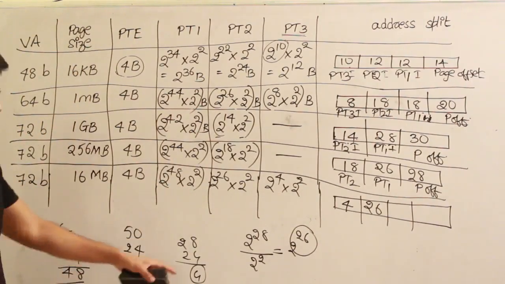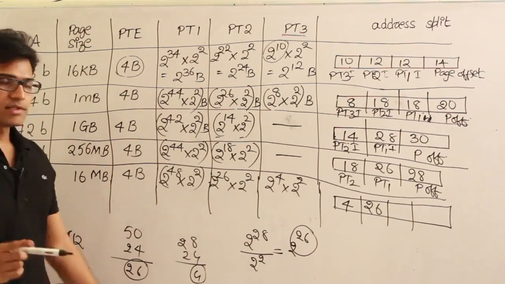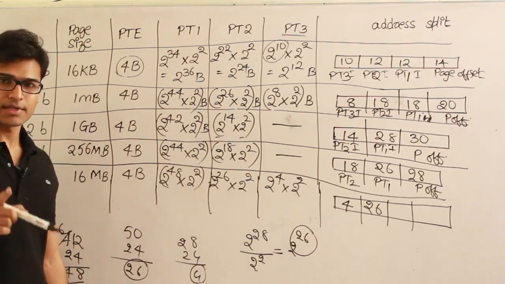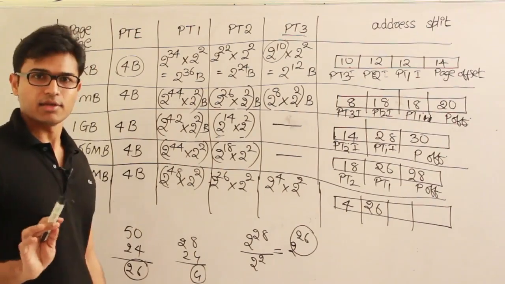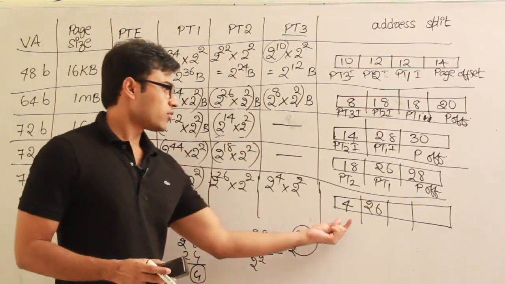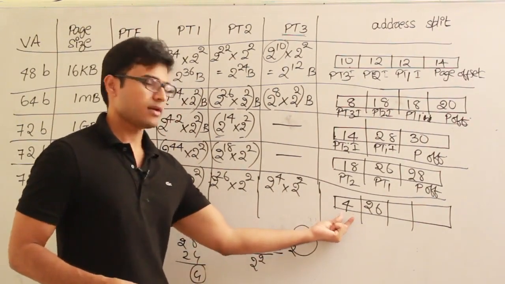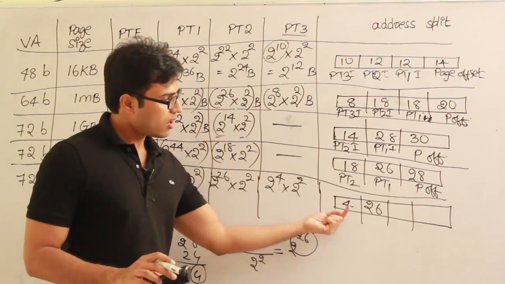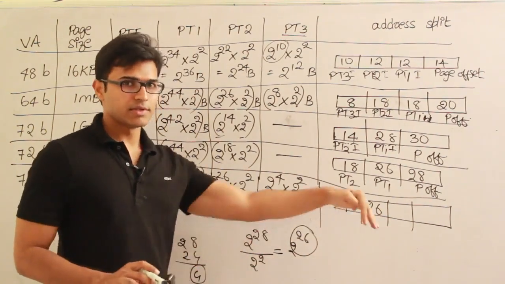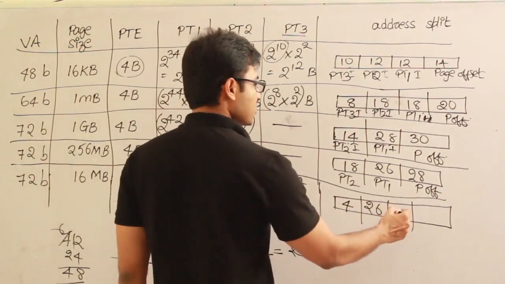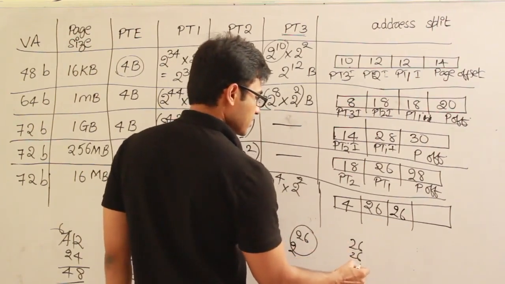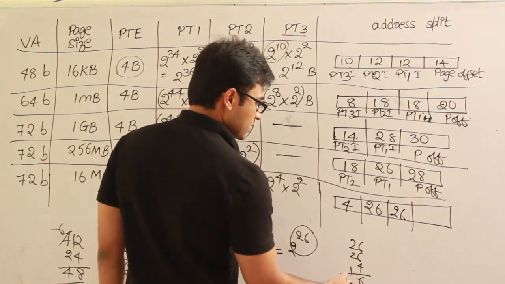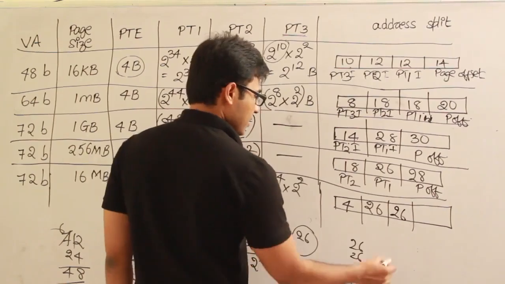Here also, the same things apply. Why? Because neither the page size nor the page table entry size will vary. Therefore, only for the outermost page table you have to compute it in another way, and for all the inner page tables the numbers will be the same, right? So this number will also be 26. And now just add them. 26 plus 26 plus 4, it is 56, right?